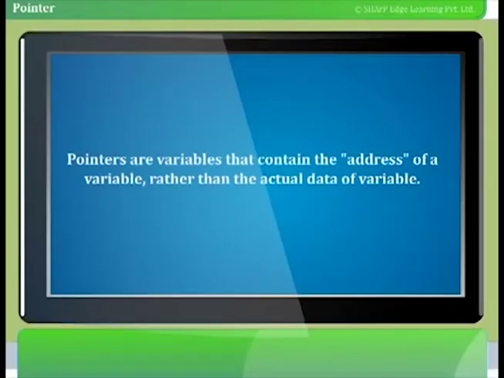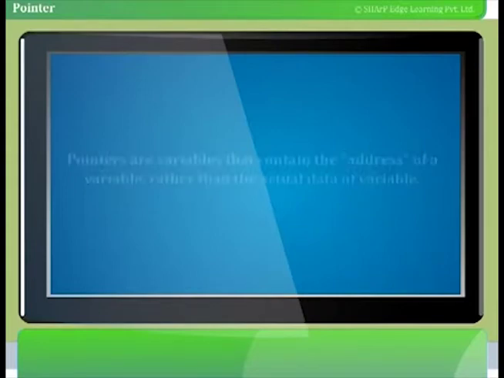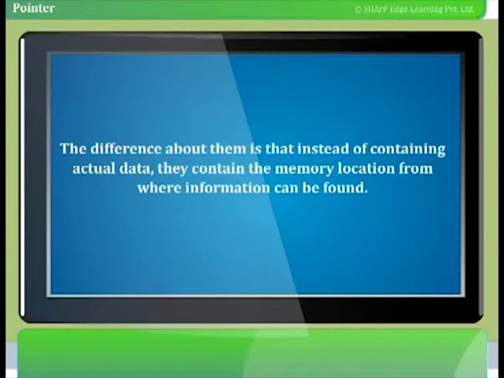Pointers are variables that contain the address of a variable rather than the actual data of the variable. The difference is that instead of containing actual data, they contain the memory location from where information can be found.